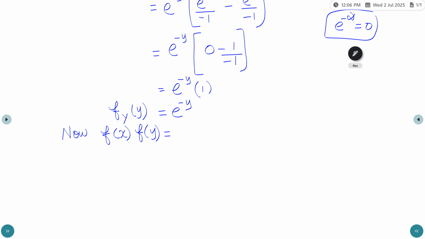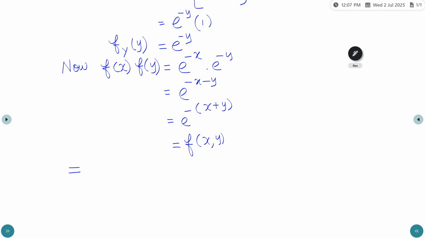Here f of x is f_X(x), that is e power minus x. f of y is f_Y(y), that is e power minus y. So both the bases are equal, so we can add the powers, that is e power minus (x plus y). So this is the f of x comma y function.